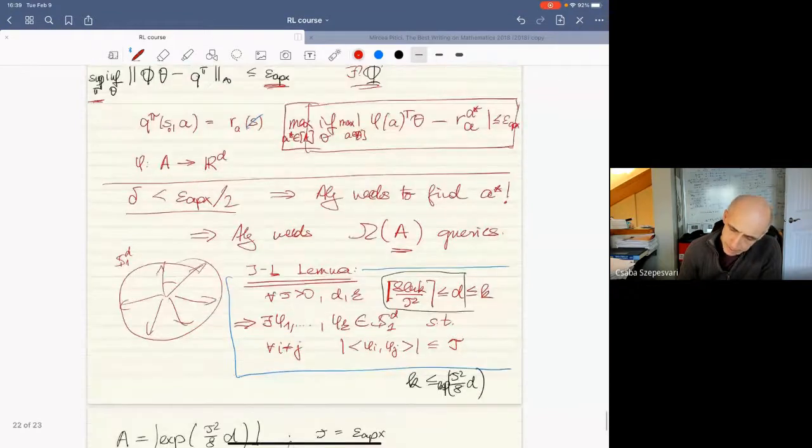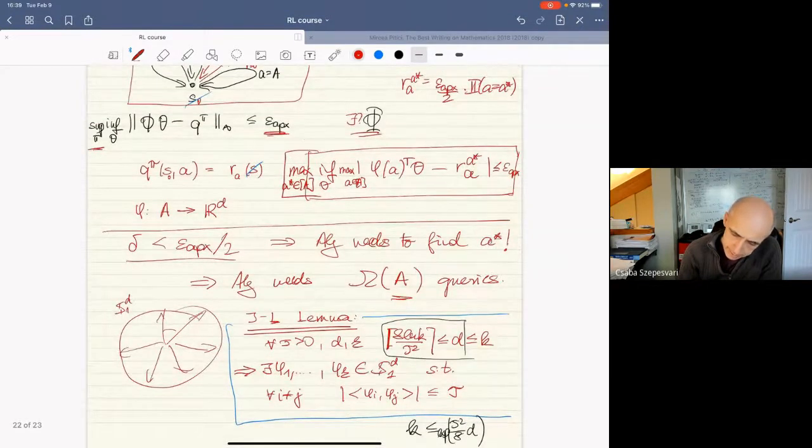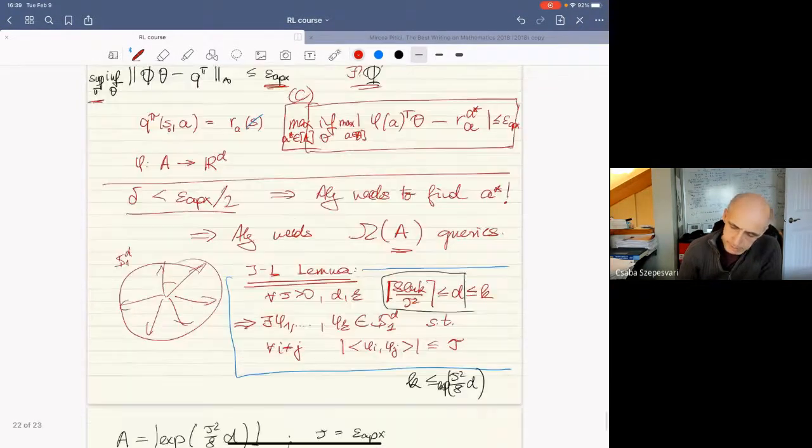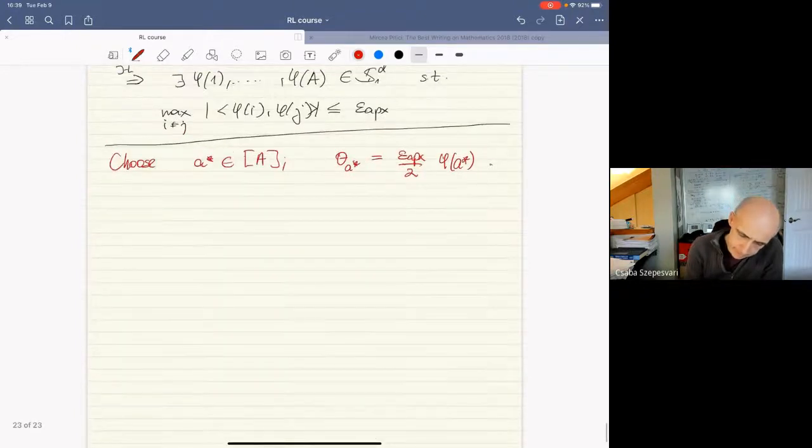And now we want to verify that this condition C holds. So does C hold?